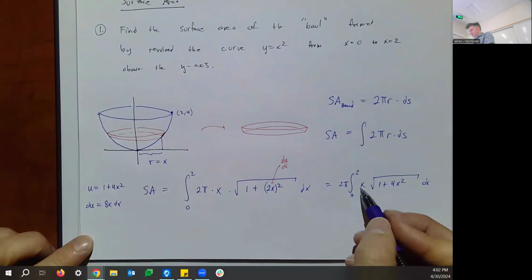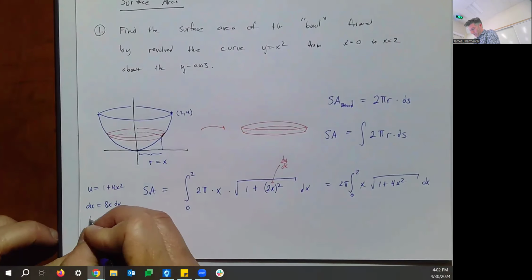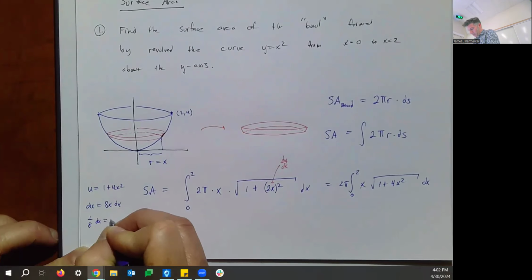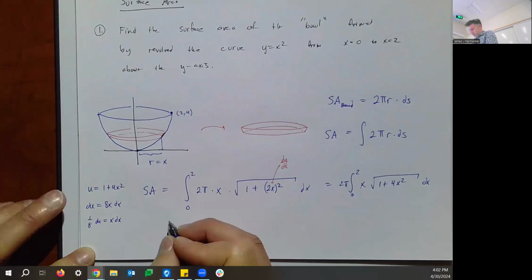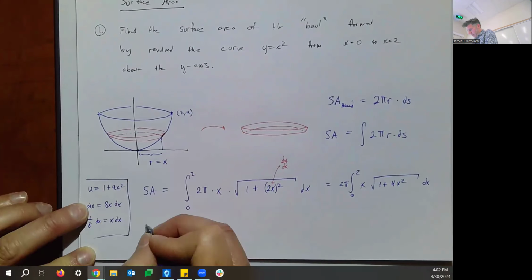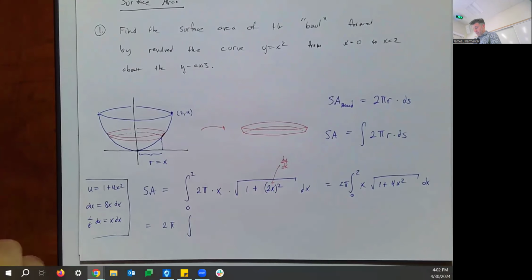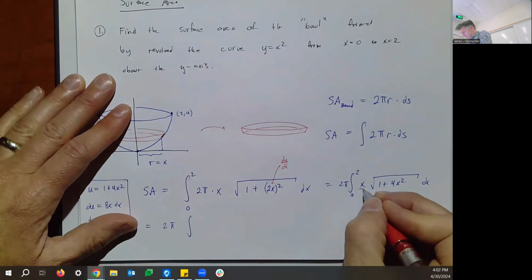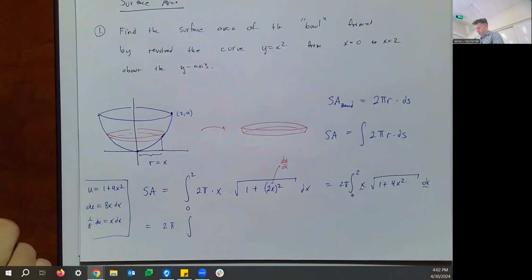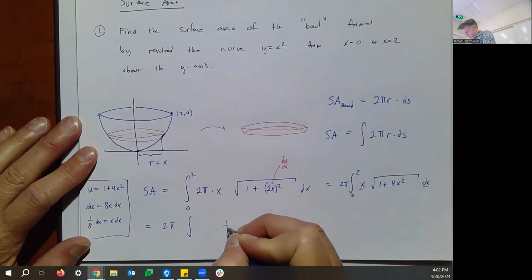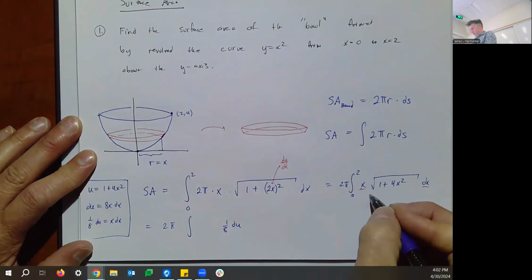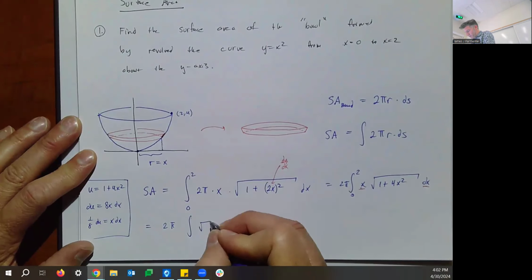I have an x times dx. So 1/8 du is equal to x times dx. And I can rewrite this integral as 2 pi times the integral of x dx is 1/8 du. And then my square root of 1 plus 4x squared is the square root of u.